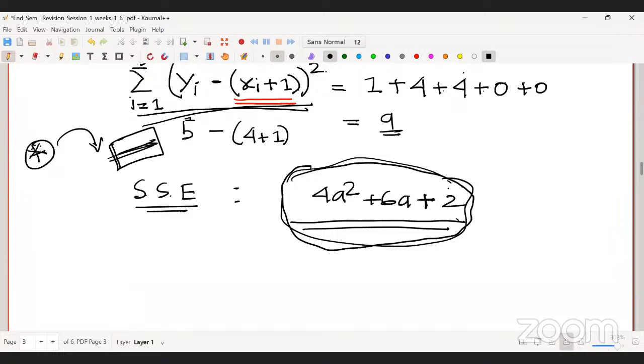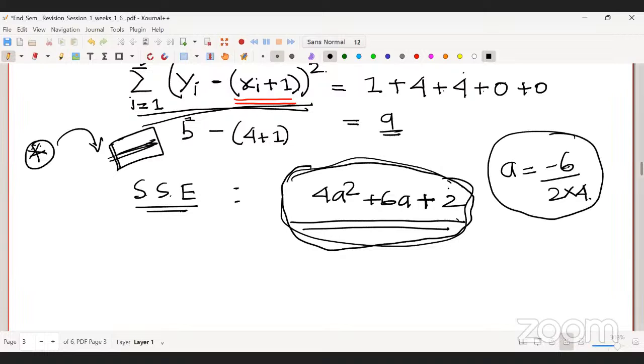So precisely it will give you at this point, right? A equal to this by this, right? So at this point, this SSE will precisely give you the minimum value.